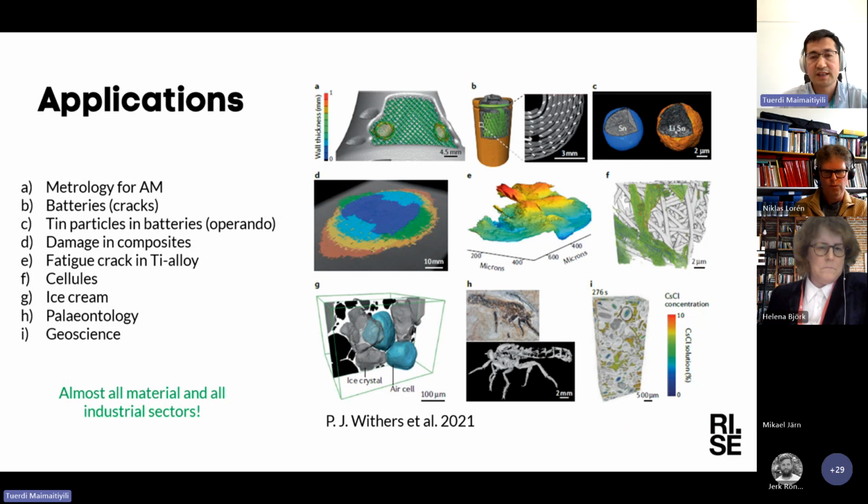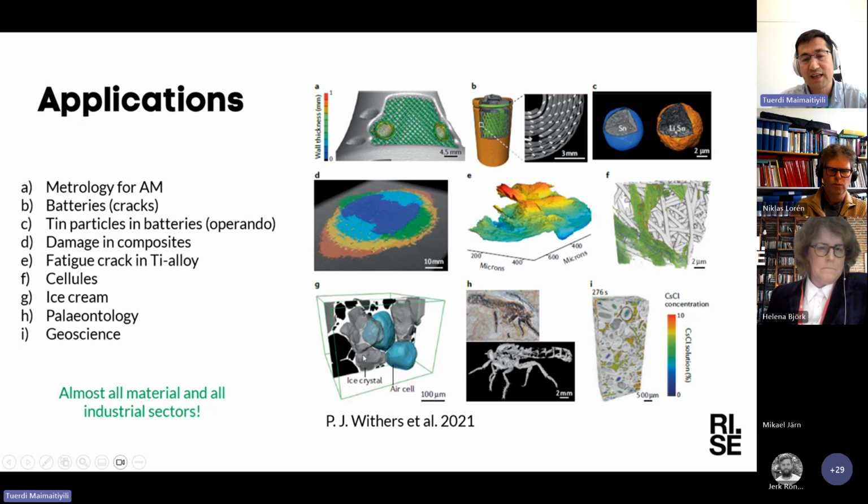As shown here, quality control in additive manufacturing, or the investigation of battery performance or integrity, and also elemental analysis in battery elements, or the fracturing behavior of composite materials, fatigue cracking in titanium, cellulose fibrous materials, and food science.